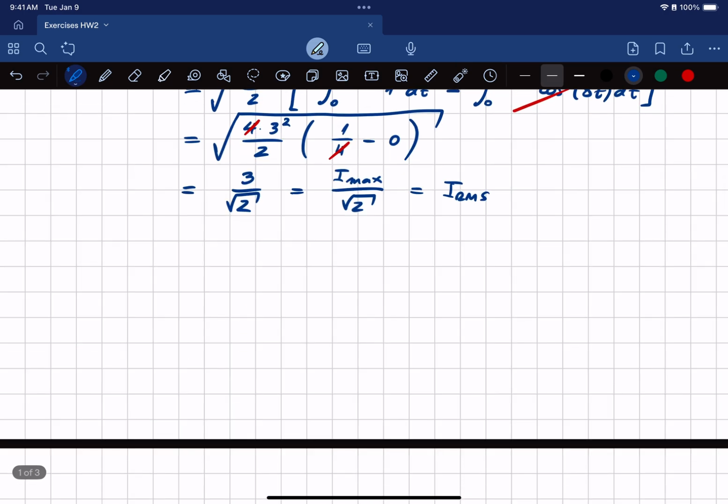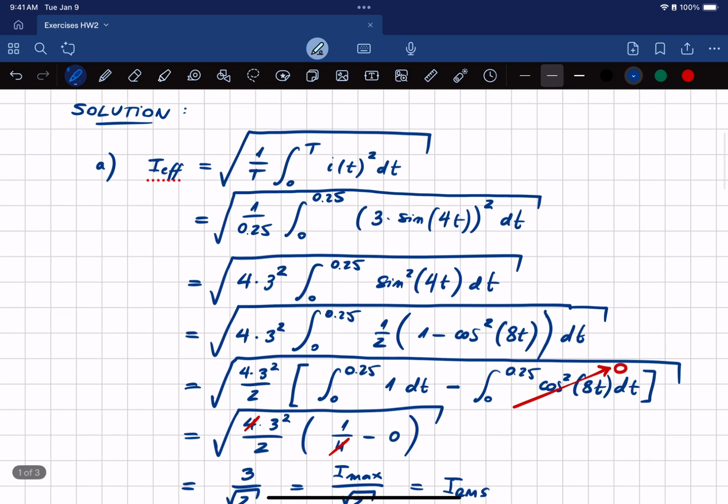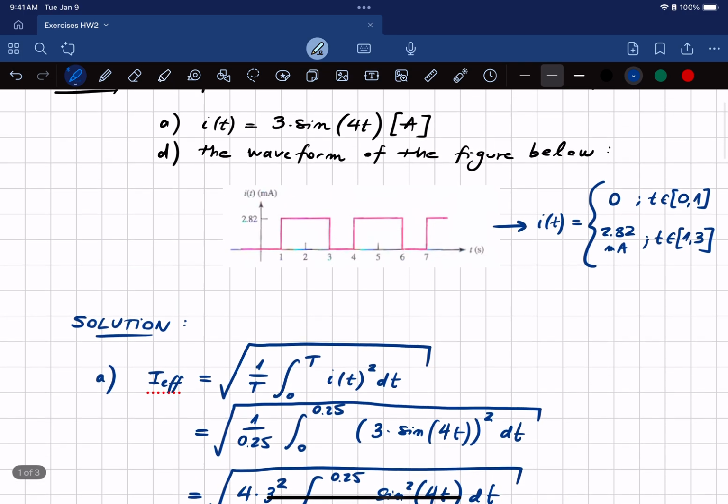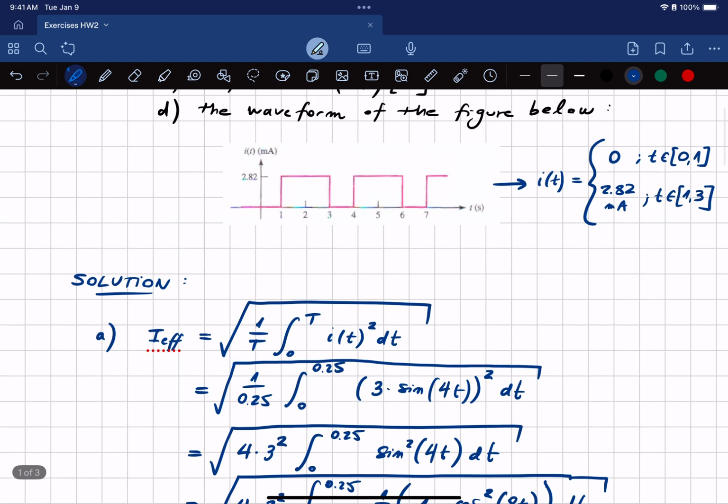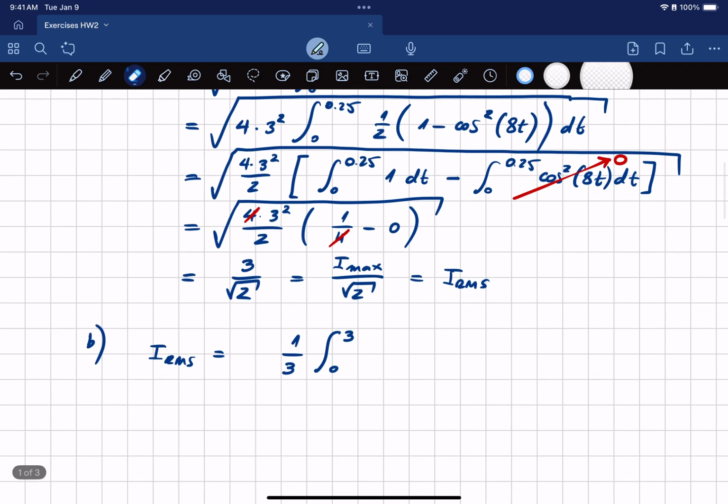So part D would be, okay, the IRMS, or the effective value, is going to be 1 over the period, 3 seconds, times the integral from 0 to 3 seconds of the function squared. Now we can subdivide this. Let's do it right away.